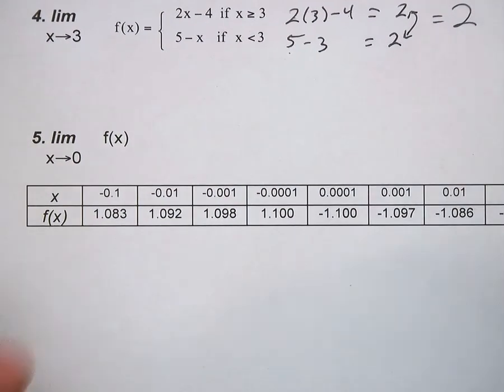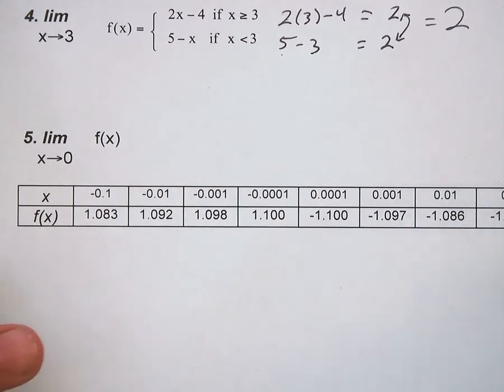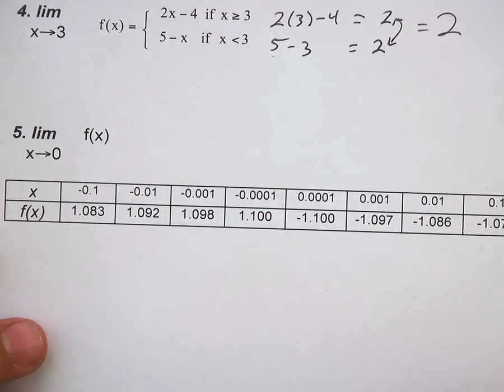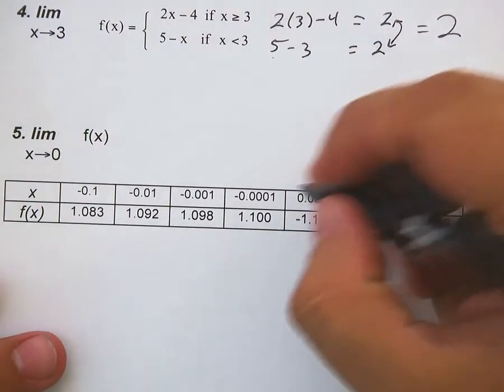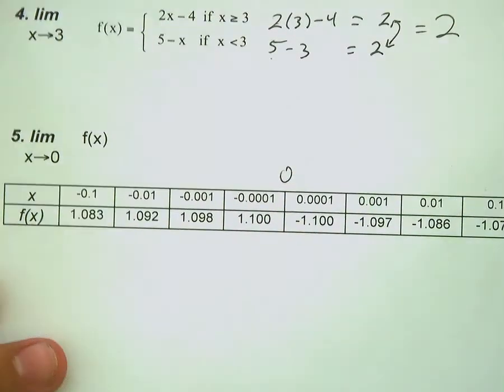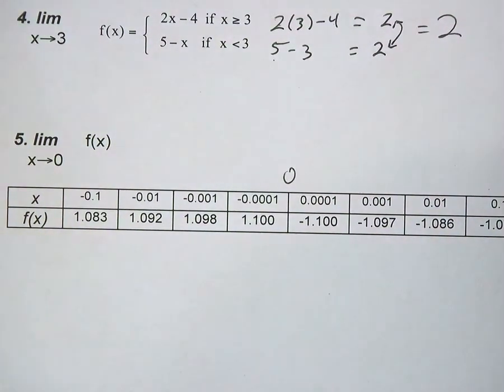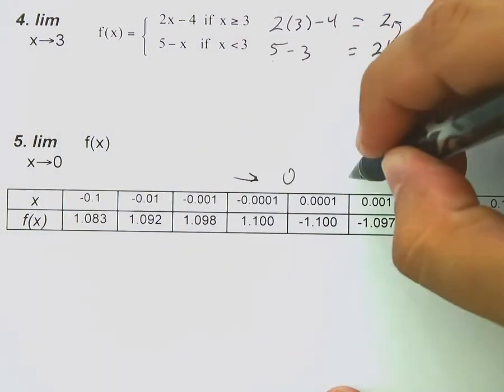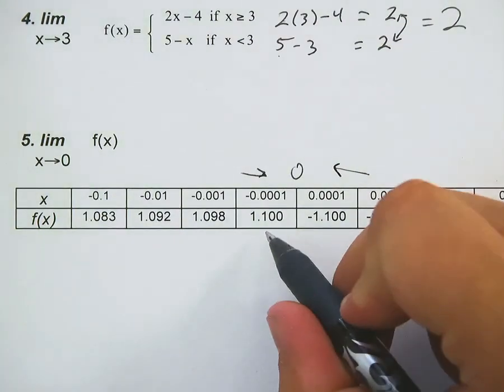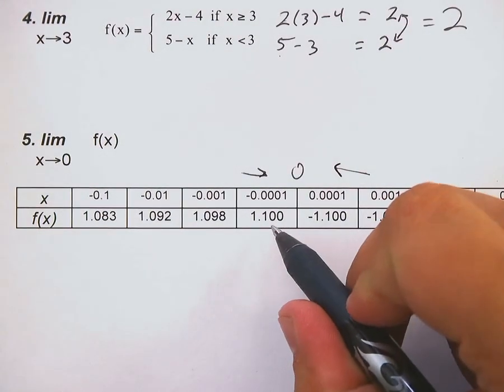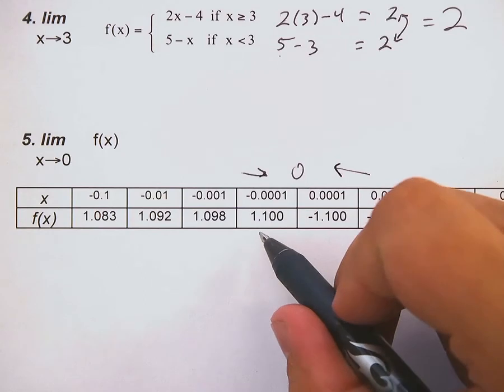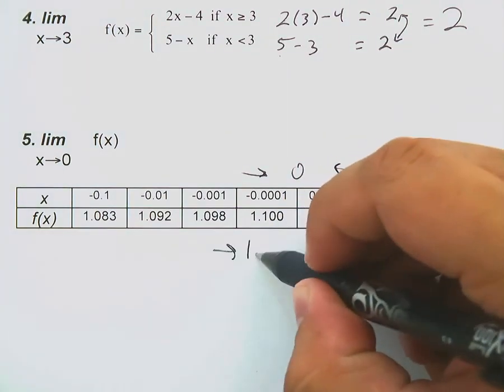Now, I don't even need a function to figure this thing out. Number 5, I don't even need an equation. All I need is a table. The limit as x goes to 0. 0 is here, right? As your limit goes here, what is your function? You got from the left, from the right. What is this value approaching? Well, from here, best I can guess from the left, it's 1.1.